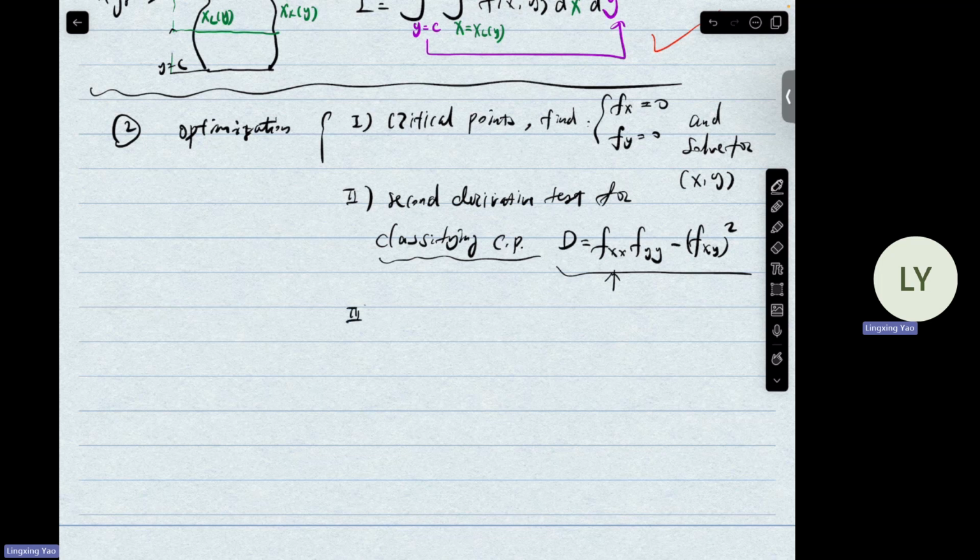So in this optimization, the third item will be the absolute maximum value and minimum value. How do we get them, right? There's a fixed procedure. Procedure is A, find critical points and only keep those in the closed domain.